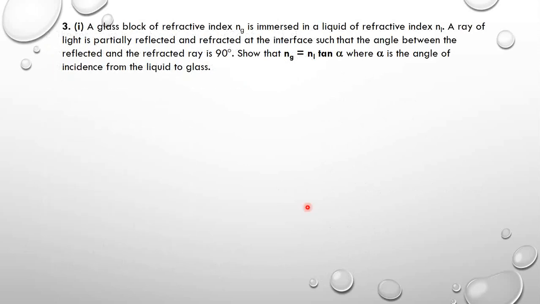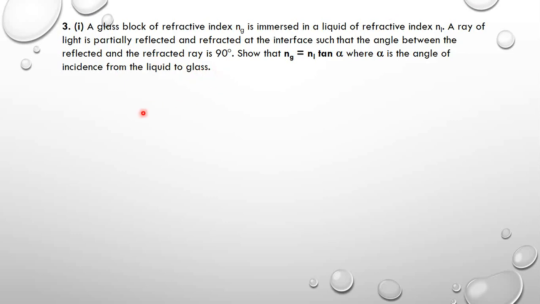So we have a glass block of refractive index N_g immersed in a liquid of refractive index N_l. A ray of light is partially reflected and refracted at the interface such that the angle between the reflected and the refracted ray is 90 degrees.